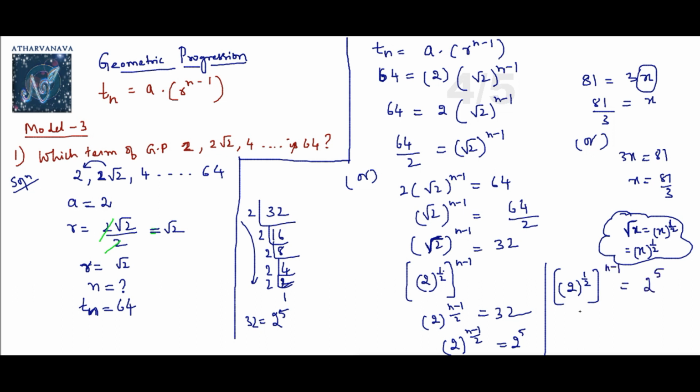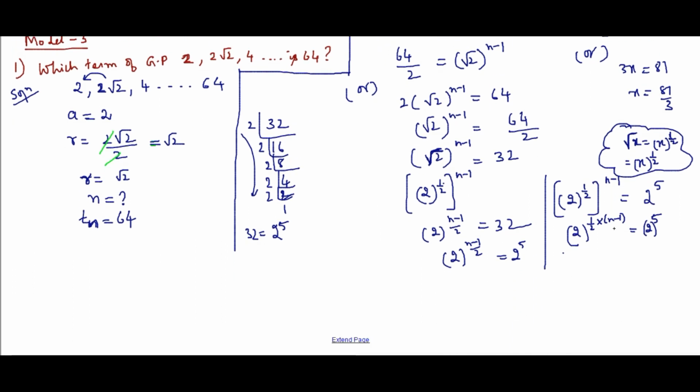Now these both are in multiplication, so I can write 2 power 1 by 2 into n minus 1 is equal to 2 power 5. Now my bases are same.